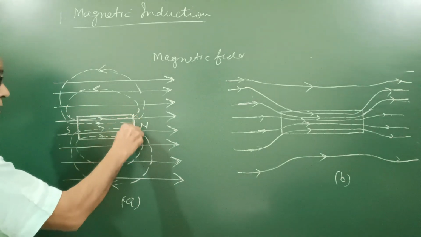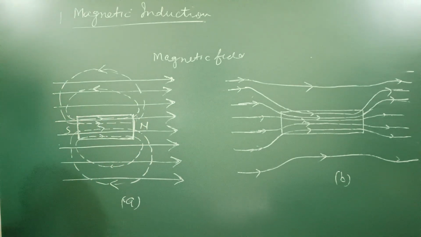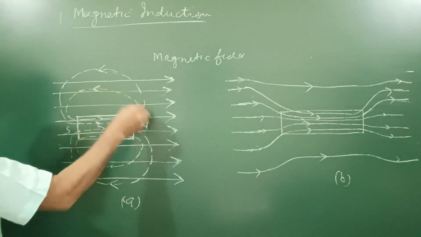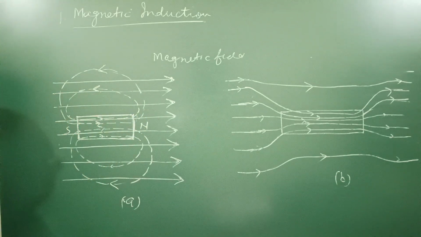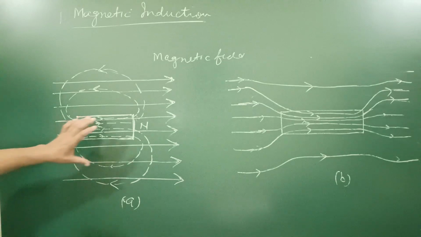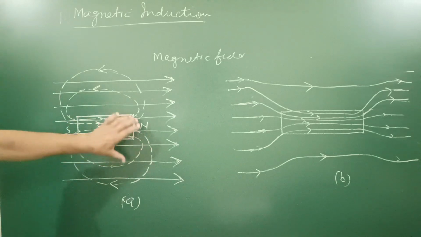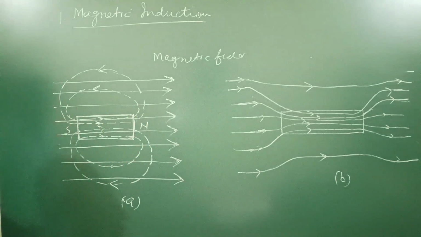This end becomes the north pole and this becomes the south pole. So it has its own magnetic field lines, and as a result the number of field lines inside the bar becomes larger than when we see this area without the bar. The number of field lines increases.